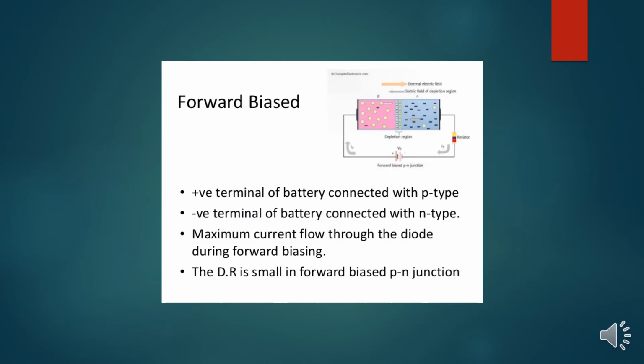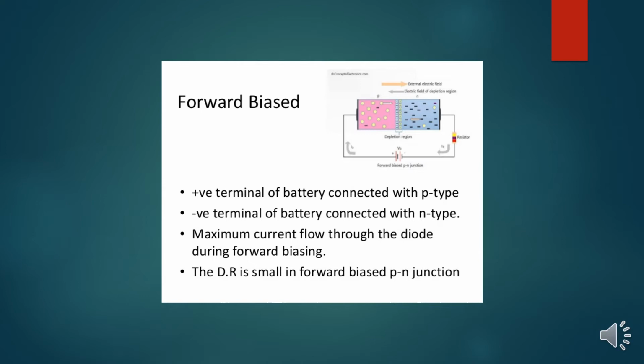What is the forward biased? Basically, what happens when P semiconductor bar and N semiconductor bar have the majority carriers, and this is the depletion layer between the P and N. P has the negative ions and N has the positive ions near the junction.